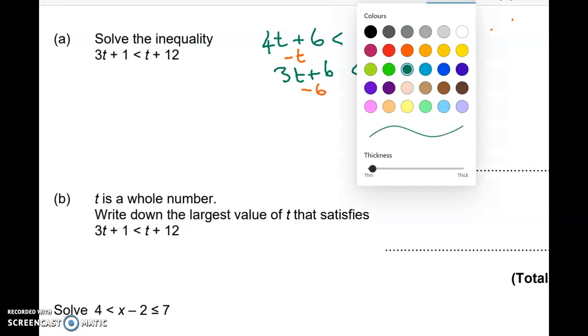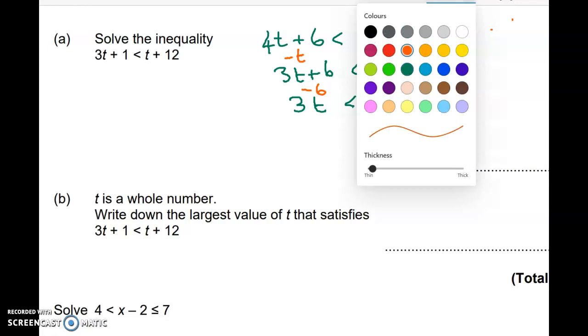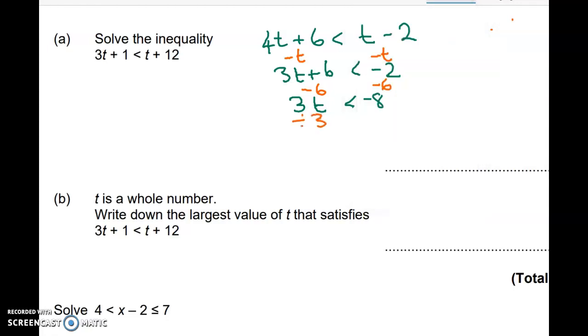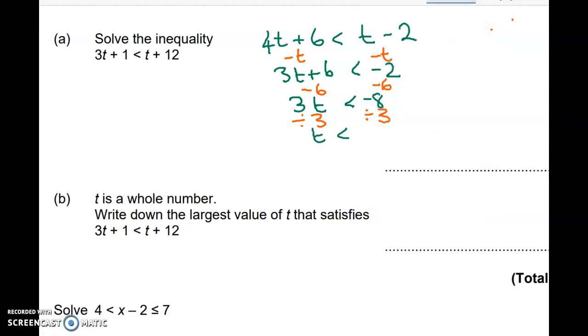I end up with 3t is less than minus 8. Then I'm going to divide by the value in front of t to find out just what t is worth. So I'm left with t is less than minus 8 divided by 3.